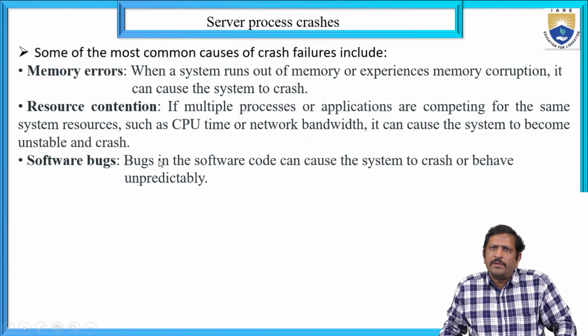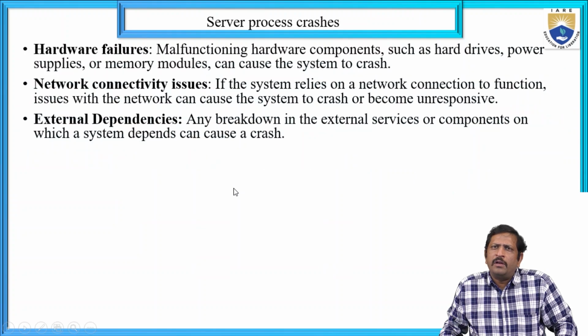Bugs in the software code can cause the system to crash or behave unpredictably. Hardware failure. Malfunctioning hardware components such as hard drives, power supply or memory modules can cause system failure.